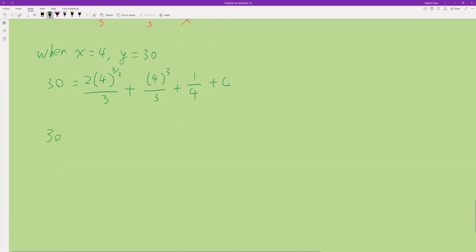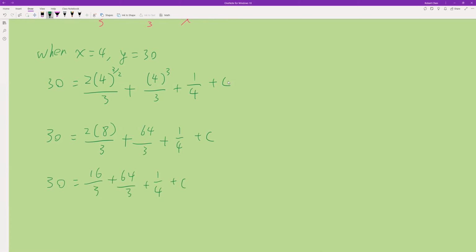I get 30 is equal to, so the square root of 4 is 2, to the power of 3 is 8. So that's 2 times 8 over 3 plus 4 to the third power, that's 64 over 3, plus 1/4 plus c. We have 30 is equal to 16 over 3 plus 64 over 3 plus 1/4 plus c.